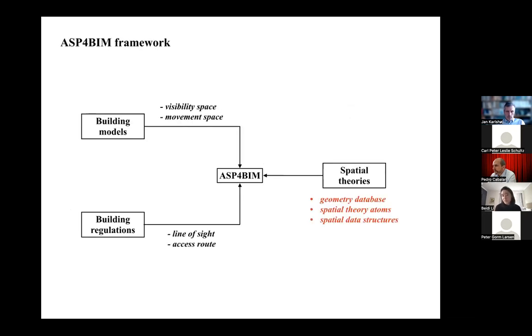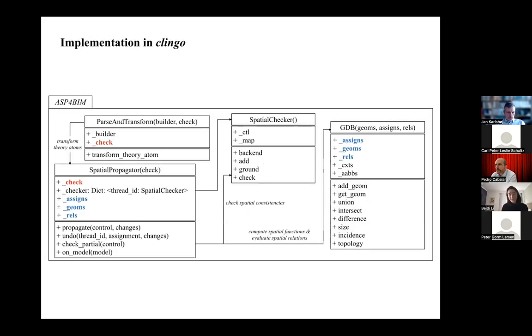So spatial services, what are they? In this presentation, I will limit myself to three major categories. Spatial services are implemented using a geometry database, spatial theory atoms, and spatial data structures. This might not be easily understandable just from going through the slides, but maybe we can come back to this during discussions.